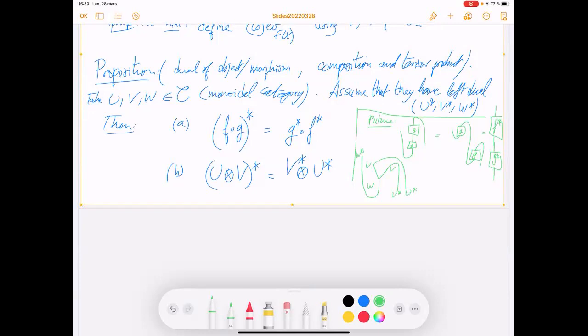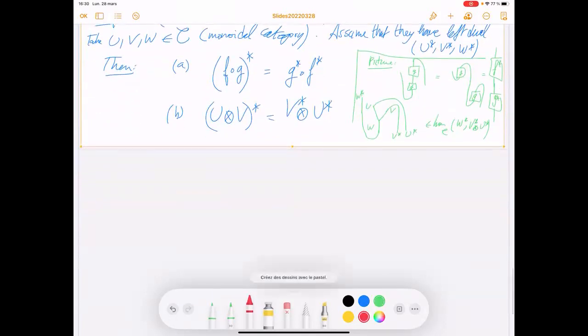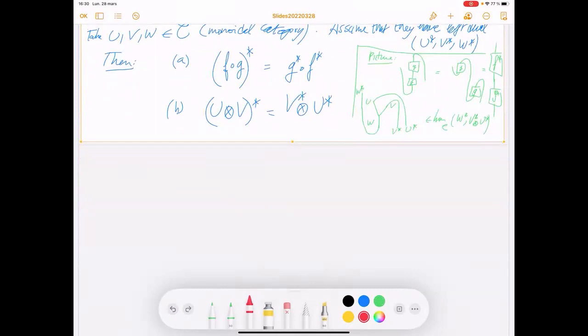So if you start from U tensor V to W and apply the dual, you have a morphism from W star to V star tensor U star. And so you see that this switch is okay.